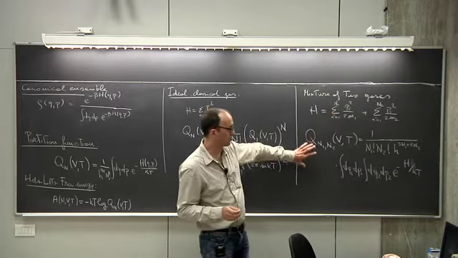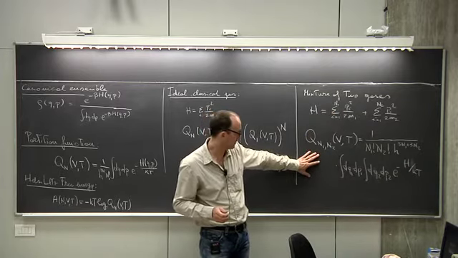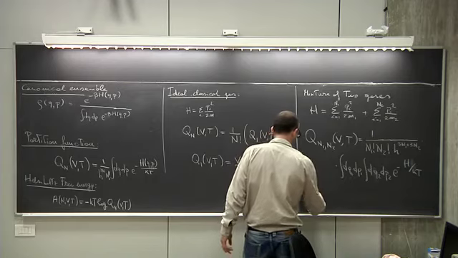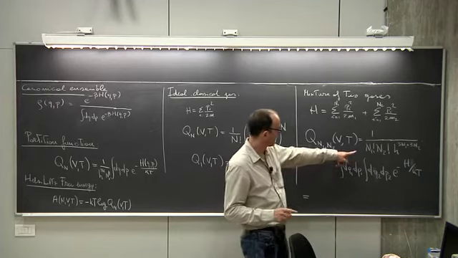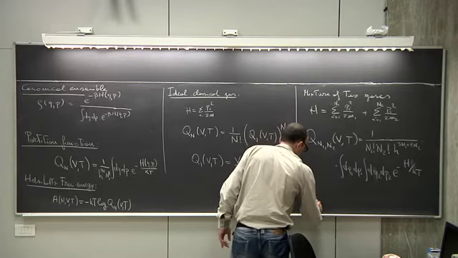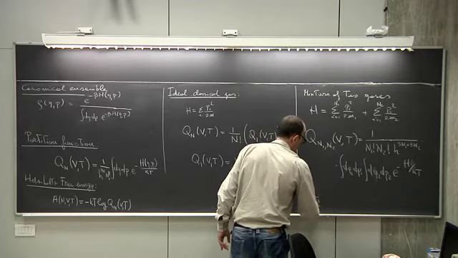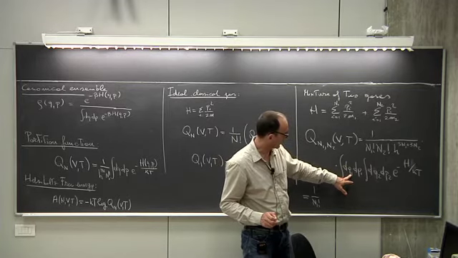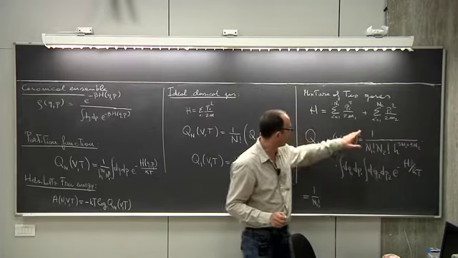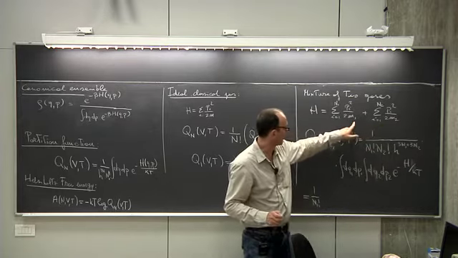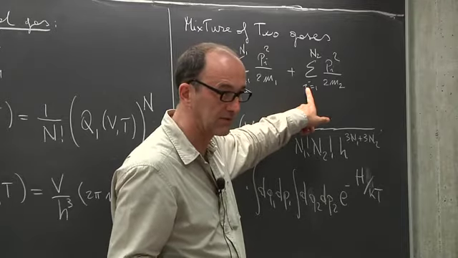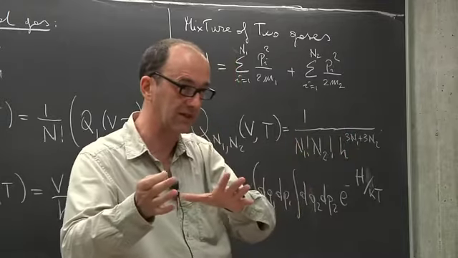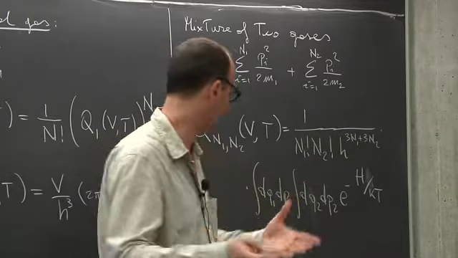Now you see, if you compute this partition function here, you can write it in the following form, because you have 1 over n1 factorial. And then you can group all the integrals. So this Hamiltonian is a sum of the two Hamiltonians of the two systems, so you can factorize them. Within each system, you can factorize it over all the particles.